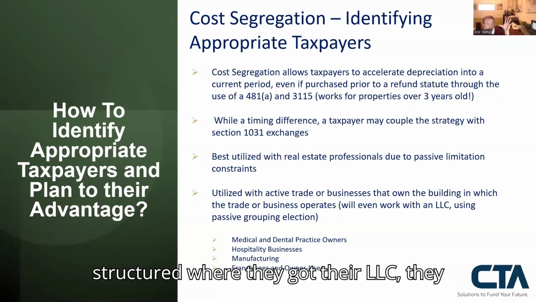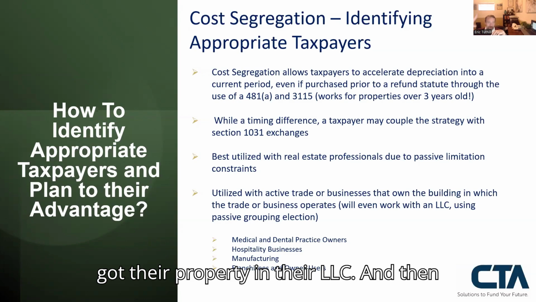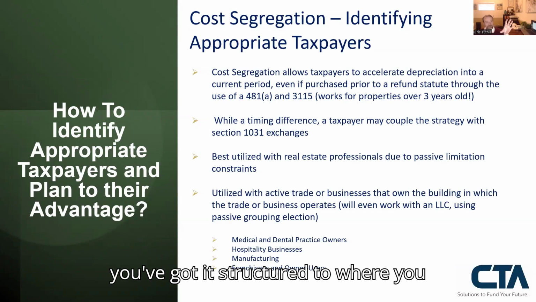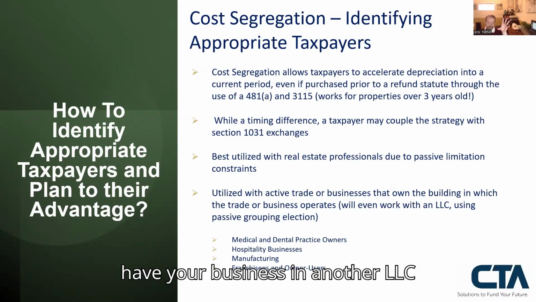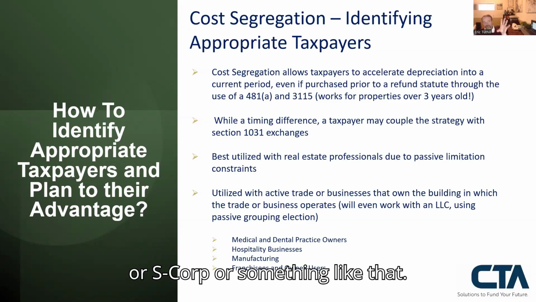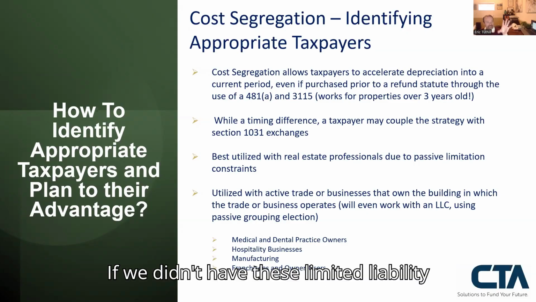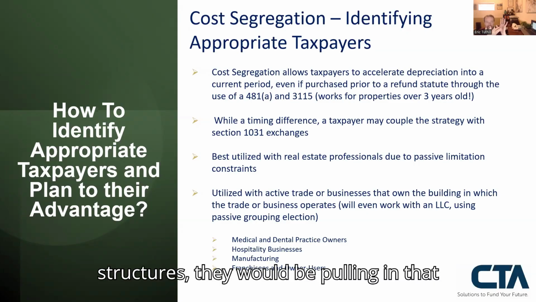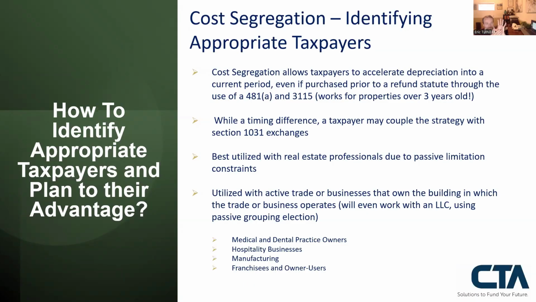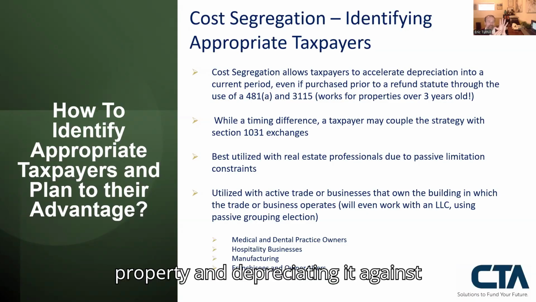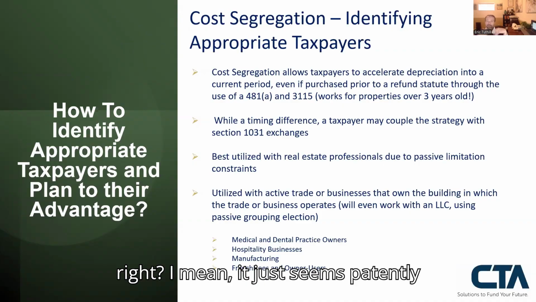So a lot of people are structured where they've got their property in their LLC, and then they've got their business in another LLC or S corp or something like that. If we didn't have these limited liability structures, they would be pulling in that property and depreciating it against their active trade or business income, right?